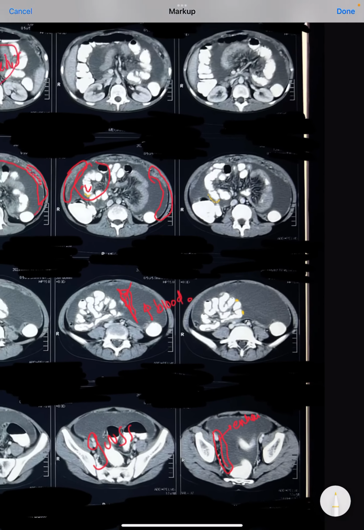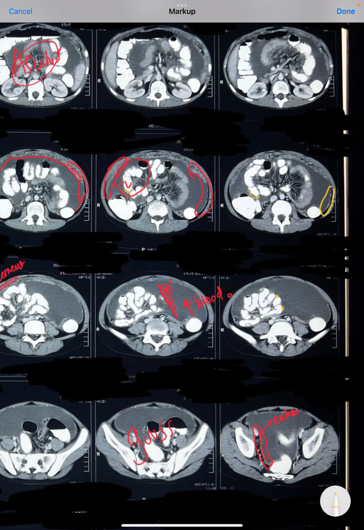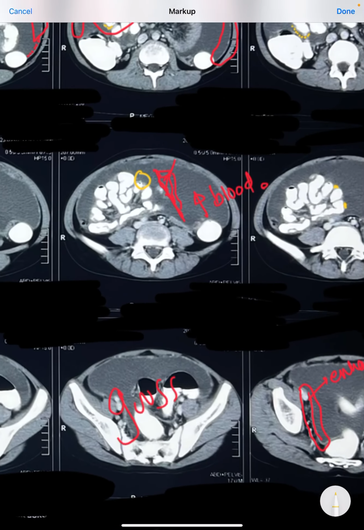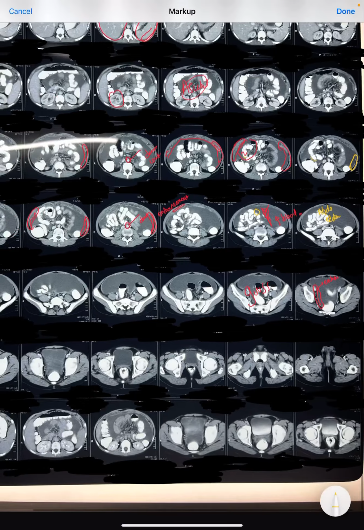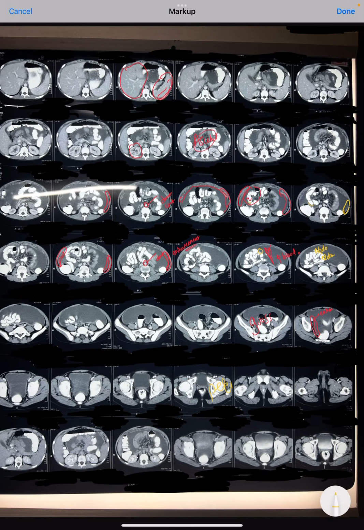So there is enhancement of the peritoneum around the liver, the spleen and the intestinal coils, suggestive of peritoneal inflammation or peritonitis, causing ascites. And in the Indian context, it is almost always abdominal TB or peritoneal TB. So this is very likely peritoneal tuberculosis, causing increased enhancement of the peritoneum and gross ascites.